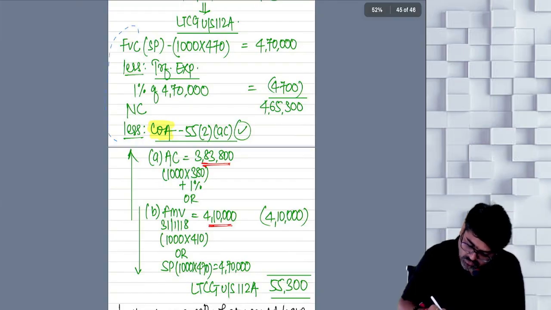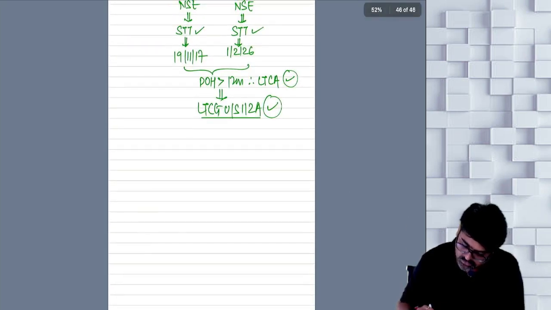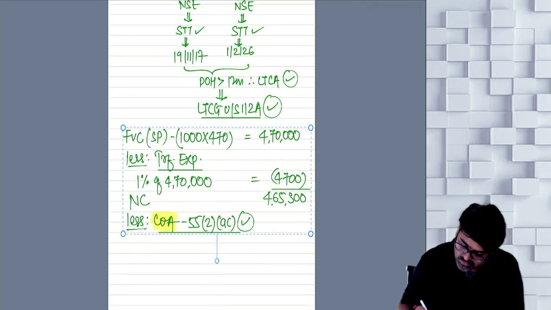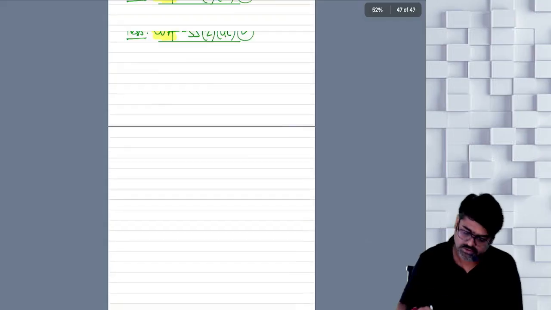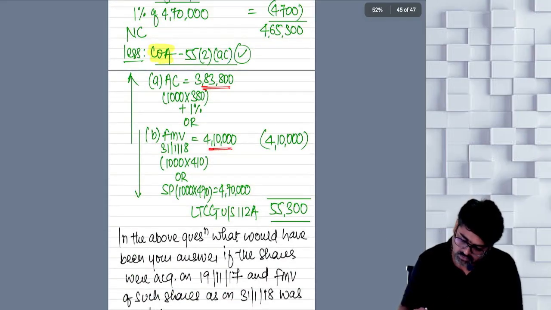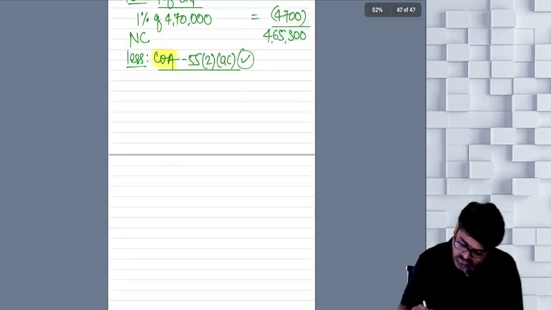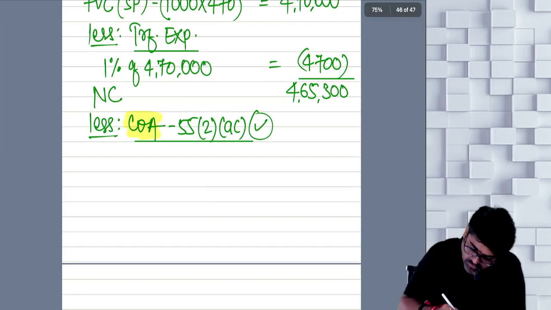So first we are going to take the selling price. How much was the selling price? 470. Transfer expense is the same. Now only the cost of acquisition will change. How will you do that? Simple. You are going to take the actual cost. So A, what is the actual cost?